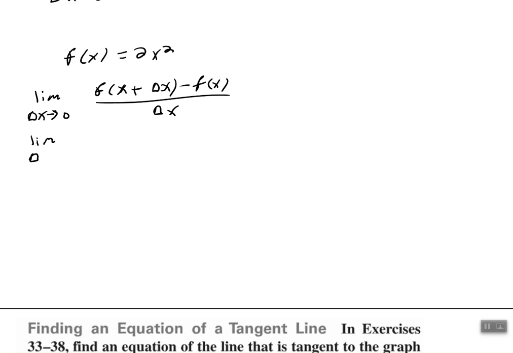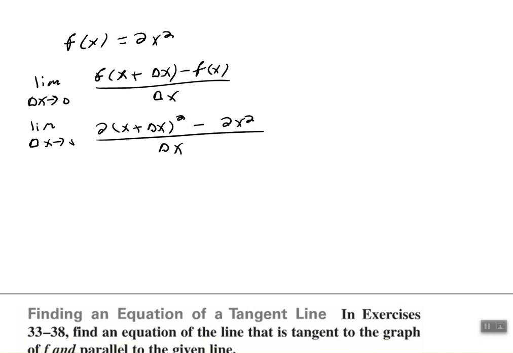So you may want to pause the video here and see if you can find the slope of it. And I would love to substitute a 0 in here, but that means I will be dividing by 0, so I can't do that quite yet.